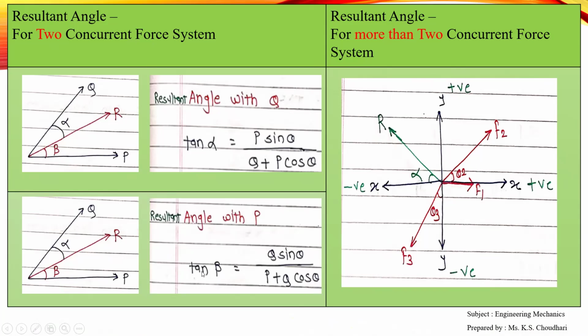Tan beta, which is in the formula, is equal to... Now we have to find the angle with respect to P. So write down P in the denominator plus the other force Q, Q sin theta over P plus Q cos theta. Like this way, you can easily understand this formula and remember it.